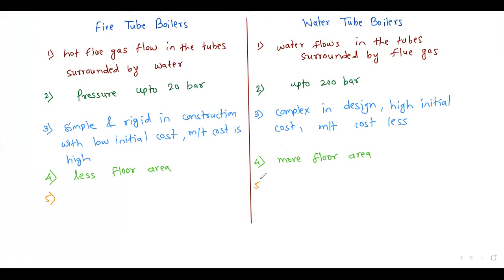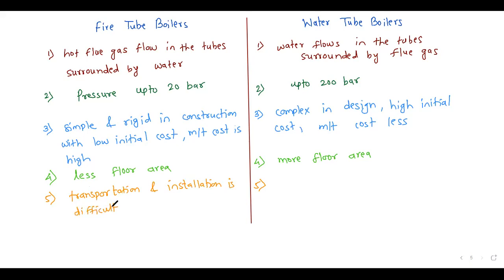The fifth point you have to remember about fire tube boilers is that transportation and installation are difficult. Now, why difficult?